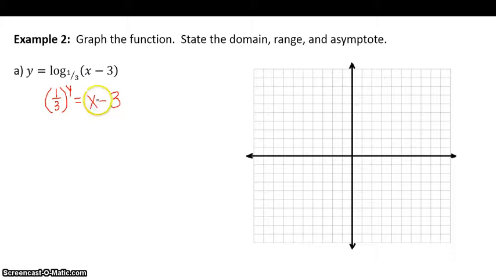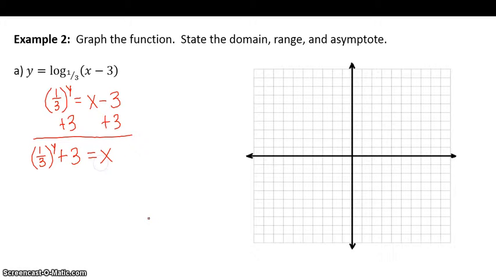Now we want to get x alone over here, so I'm going to add this 3 over. So this is now going to be 1/3 raised to the y power plus 3 equals x. That's just taking this original problem, changing it into exponential form, and getting x by itself.